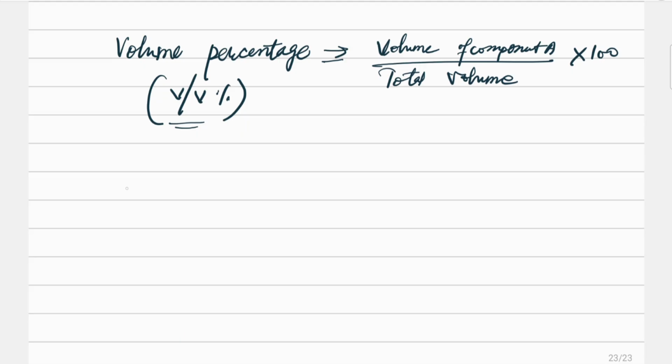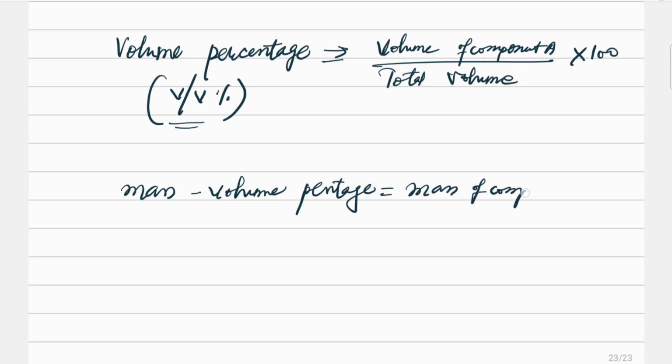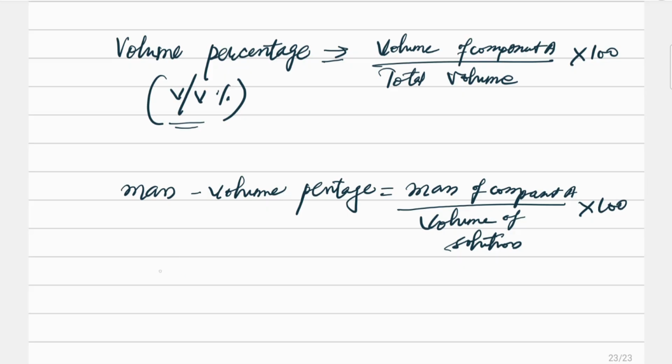One more is there, mass by volume percentage. Now what do we do over here? We take the mass of the component we want the percentage of, component A suppose, divided by the volume of solution, multiplied by 100, and this is represented by the symbol W by V percent.